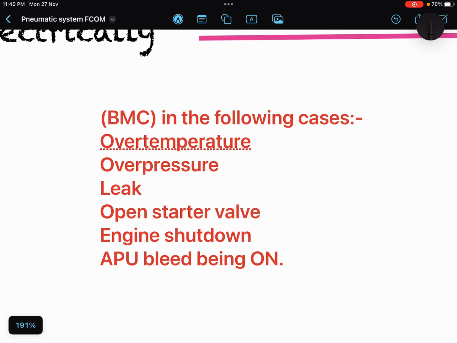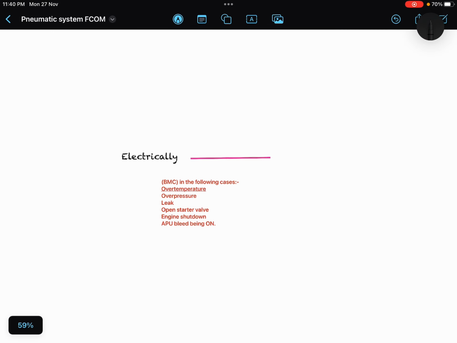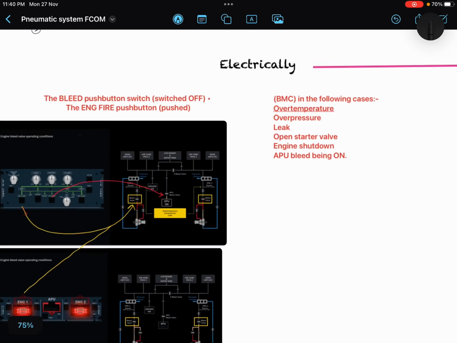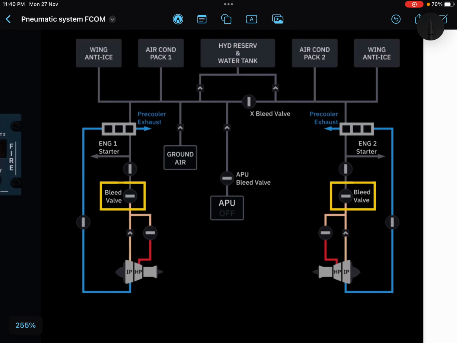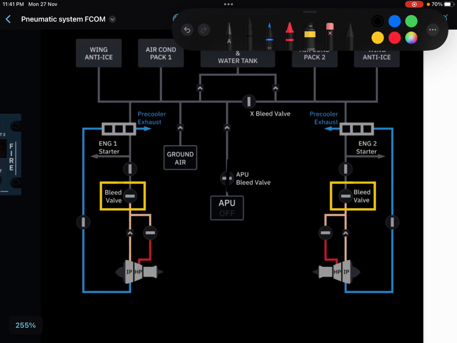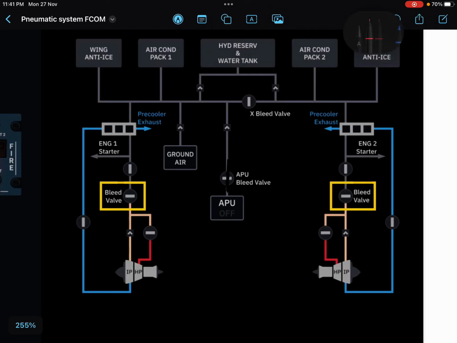APU bleed has priority over engine bleed. So at that moment, should your bleed valve remain open? If it remains open, that will damage it. So it should not be open, it should be closed.